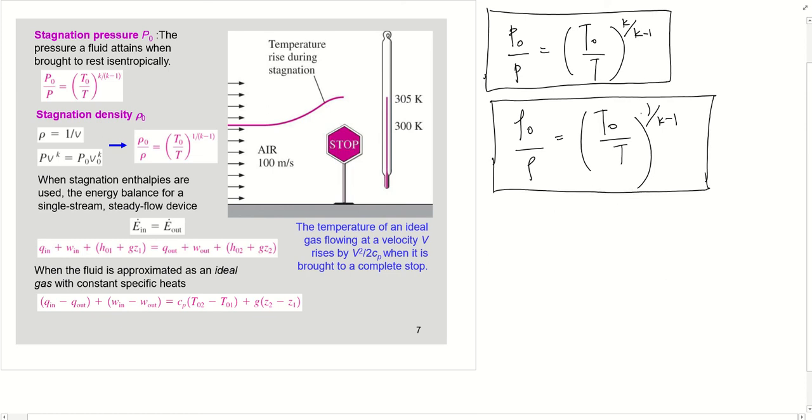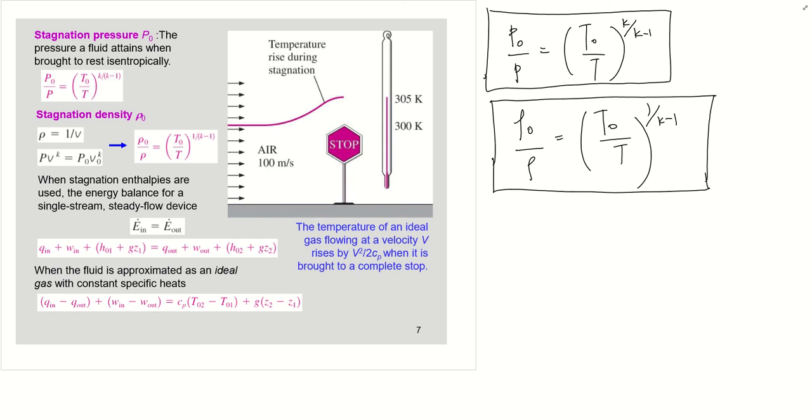I think all of you are definitely familiar with these equations of state for the pressure, the temperature, and also the density. This is the energy balance for a steady flow device, but in most of our cases we consider adiabatic, which is no heat transfer, and no work in our analysis.